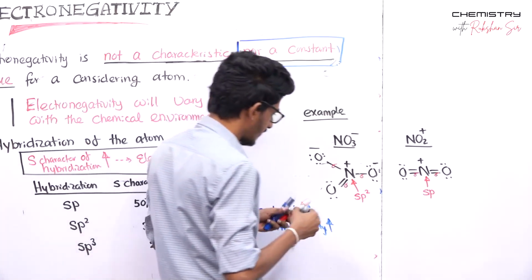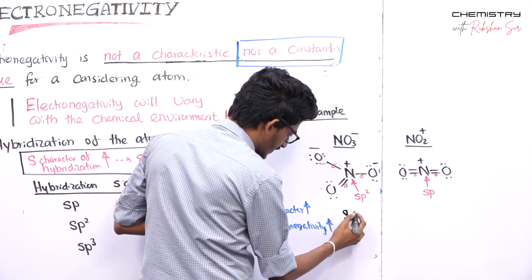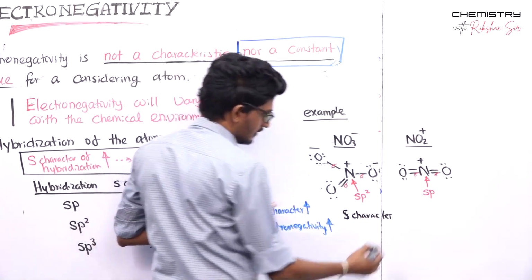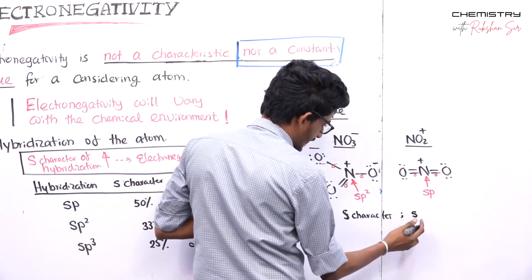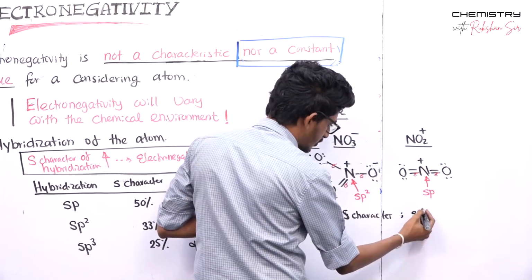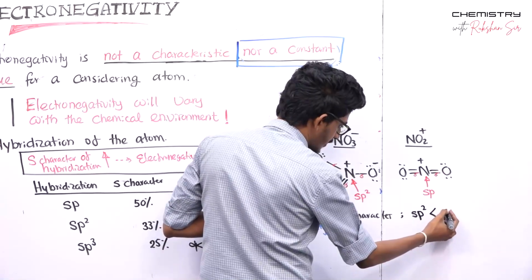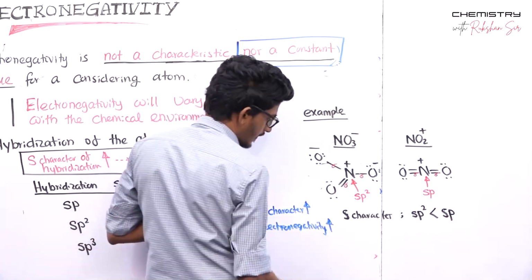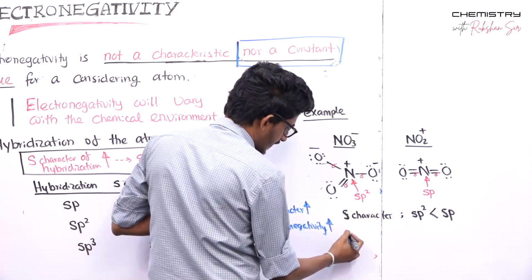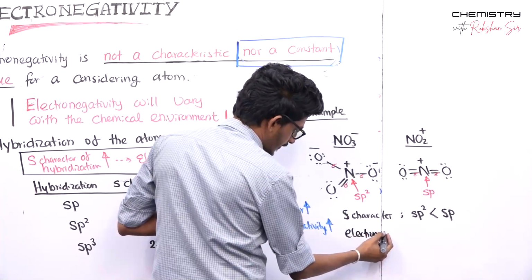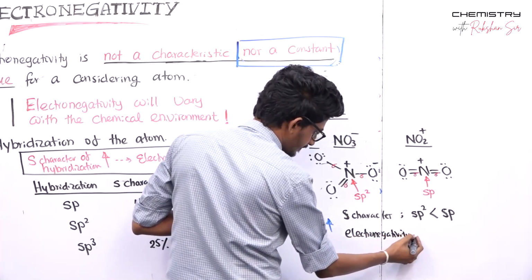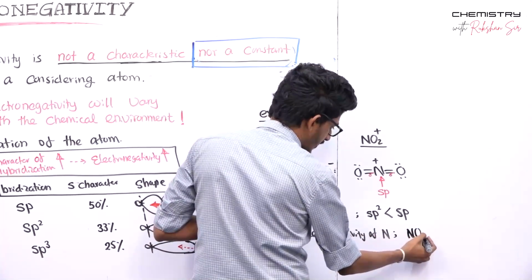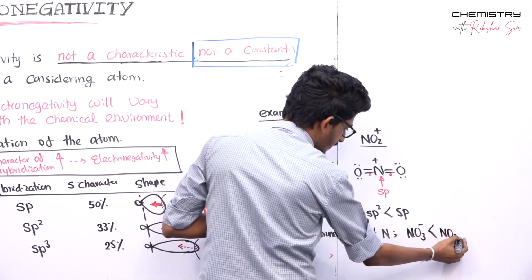That is how you come up with the hybridization by just looking at the sigma bonds and lone pairs. So we can say the s character of sp2 is lesser than sp. We can say the electronegativity of nitrogen for NO3 minus is smaller than NO2 plus.